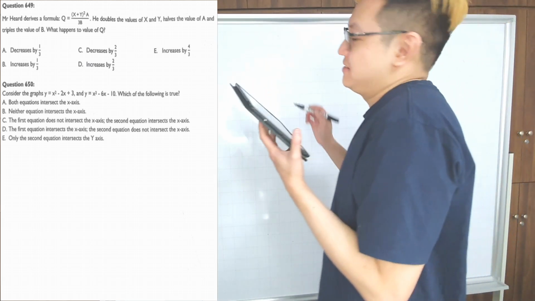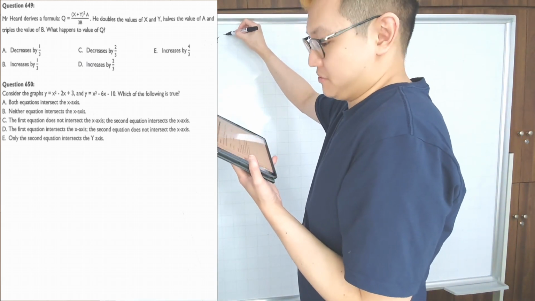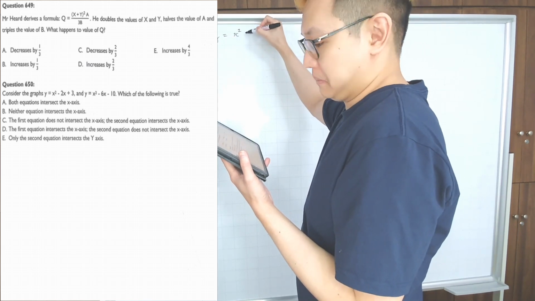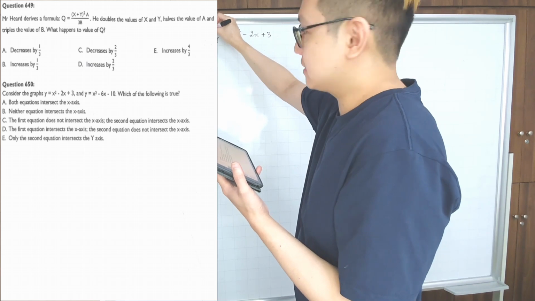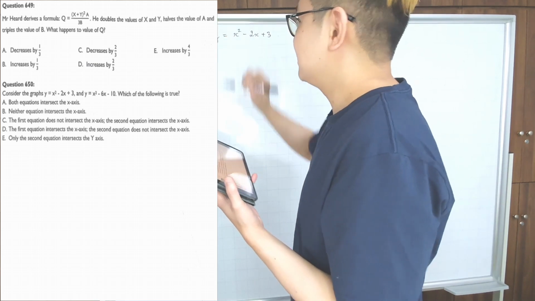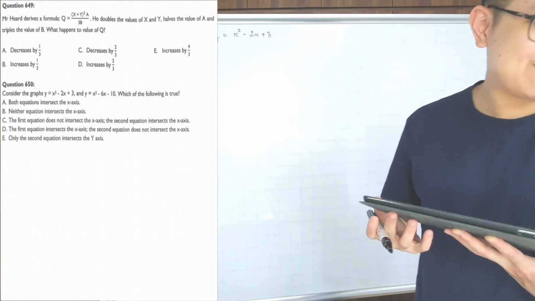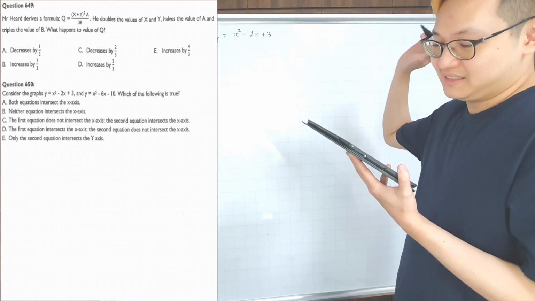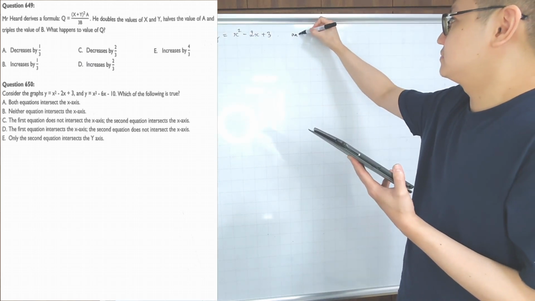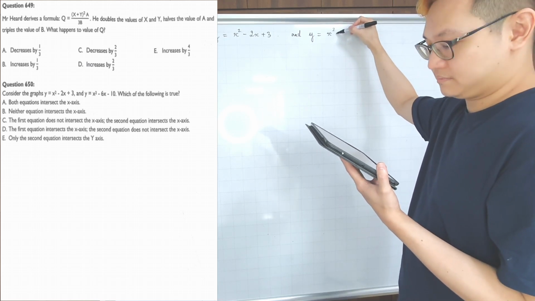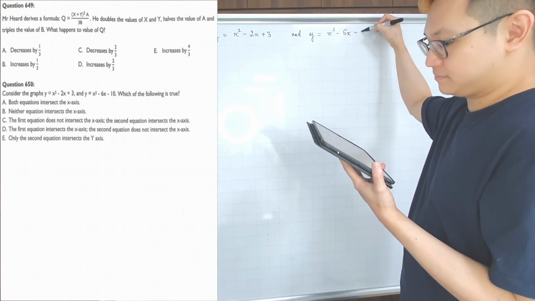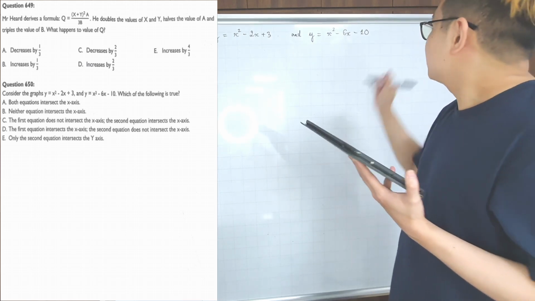Now, so you have y equal to x squared minus 2x plus 3. This is question 650 was the last one. Đường cuối á. The biggest box. Now, which of following is true?